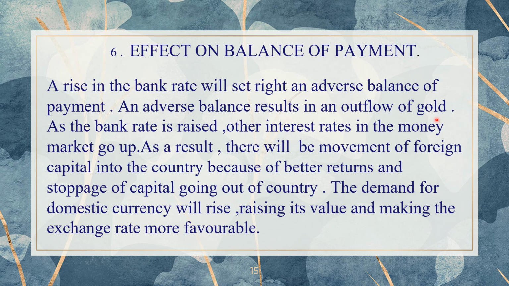Gold goes out of your country when the balance of payments is not favorable. If the bank rate is raised, other interest rates in the money market go up, right? As a result, there will be a movement of foreign capital into the country. People will be willing to invest in your country, because of better returns.